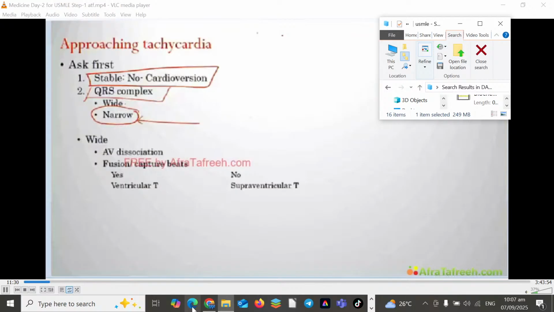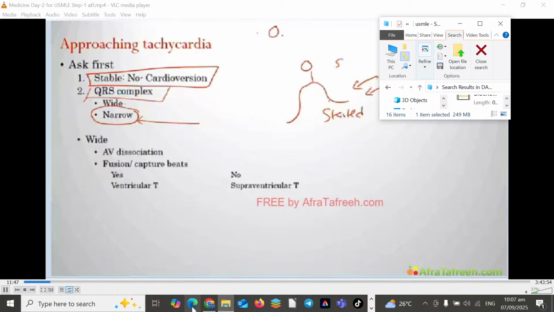What this means is, it can be that the ventricles from here started the rhythm. If this started the rhythm here, this is called a ventricular tachycardia. The other thing that can happen is that it started from the atria, but it came down from this tract.